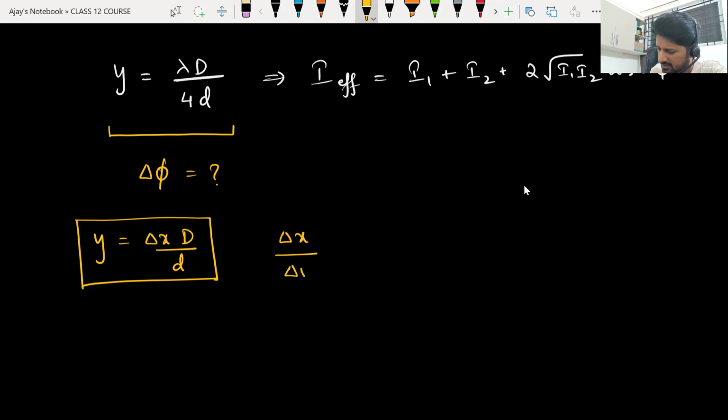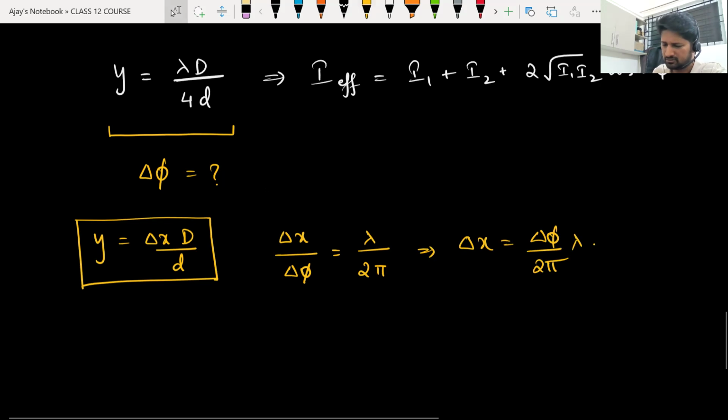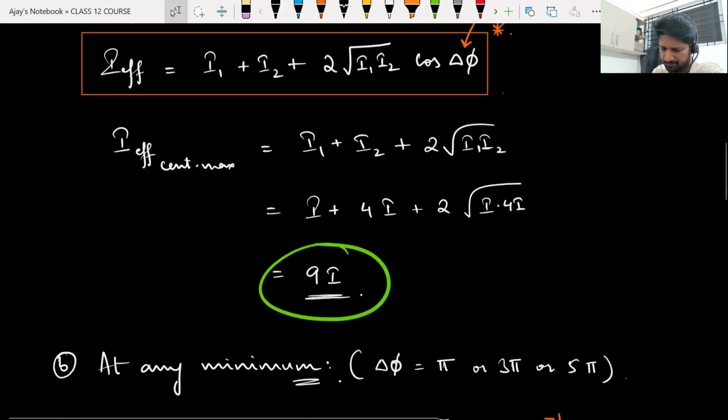Delta x by delta phi, path difference divided by phase difference, is lambda divided by 2 pi. When path difference is one wavelength, the phase difference will be 2 pi, one cycle. So you can write delta x is equal to delta phi by 2 pi multiplied with lambda. That's what we had discussed earlier today.